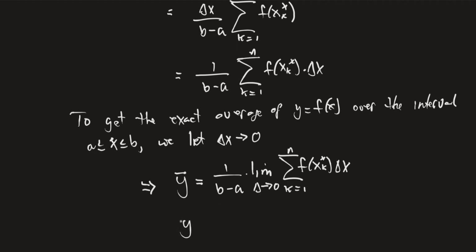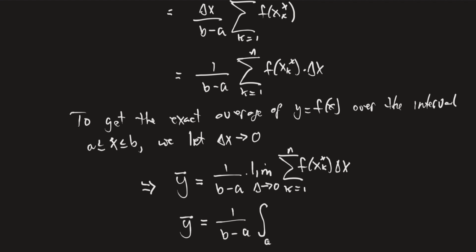So the average value of this function is 1 over b minus a, and here's the definite integral. We know that the limit of the sigmas gets replaced by our integral sign.